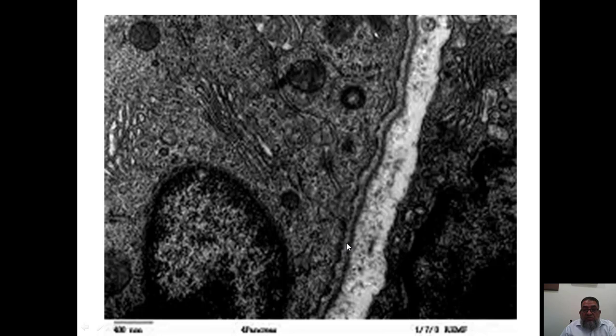In electron microscopy you see the cell nucleus, cytoplasm, organelles, and this is the cell membrane, inside layer, outside layer, and the triple pattern of a cell membrane. It is called a unit membrane. This is the interstitial space, and this is again a cell which is interposed.